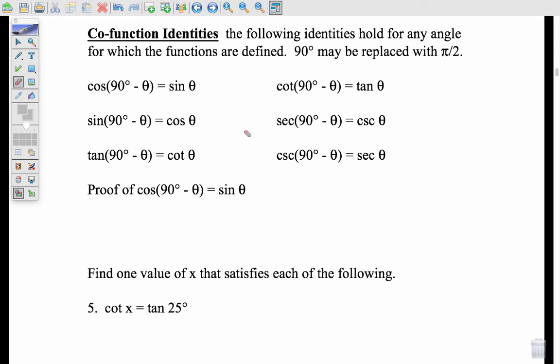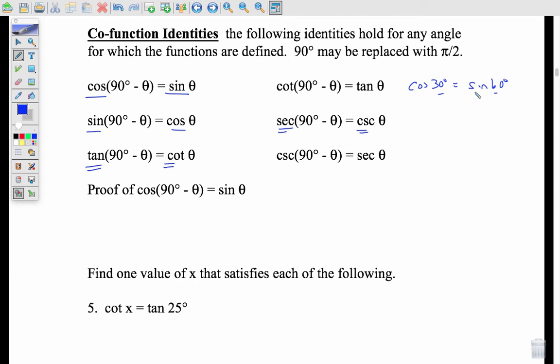Along with our sum and difference formulas, a quick review of cofunctions. We had cofunctions back in chapter 2, I believe. Cofunctions are pairs: cosine and sine, so notice sine and cosine, tangent and cotangent, and then secant and cosecant are all cofunctions, and that simply means their angles add to be 90.